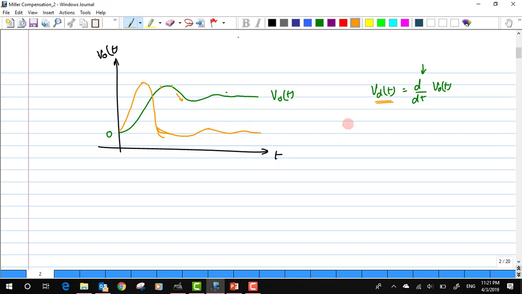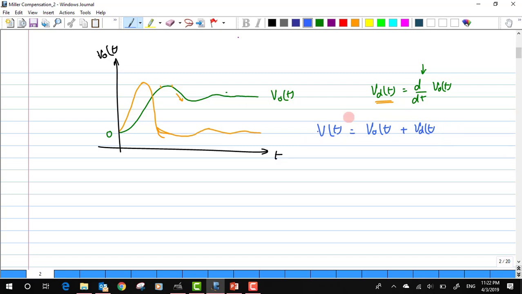Now the total response, which is defined as V of t, is the response produced by a second order LTI system containing only two poles plus the derivative term of it, which is Vd of t.